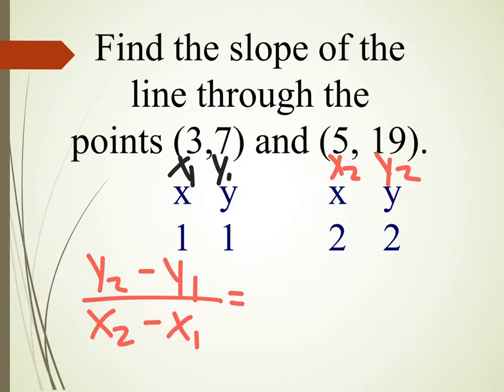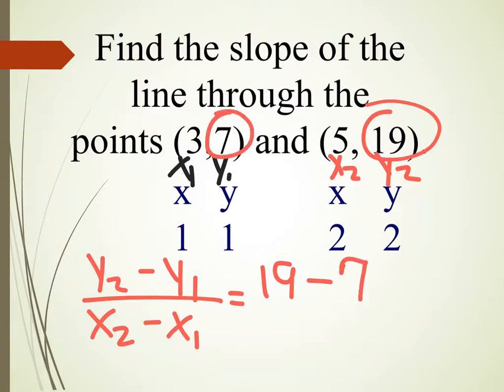So my y2 is 19, so I'll write 19 minus y1, which is 7, so minus 7. Then I go and find my x2, so x2 is 5 minus my x1, which is 3.